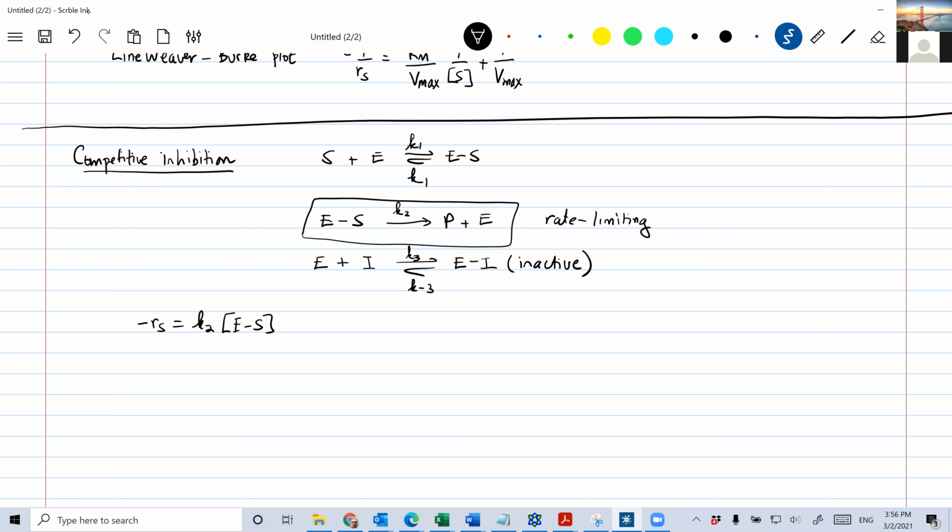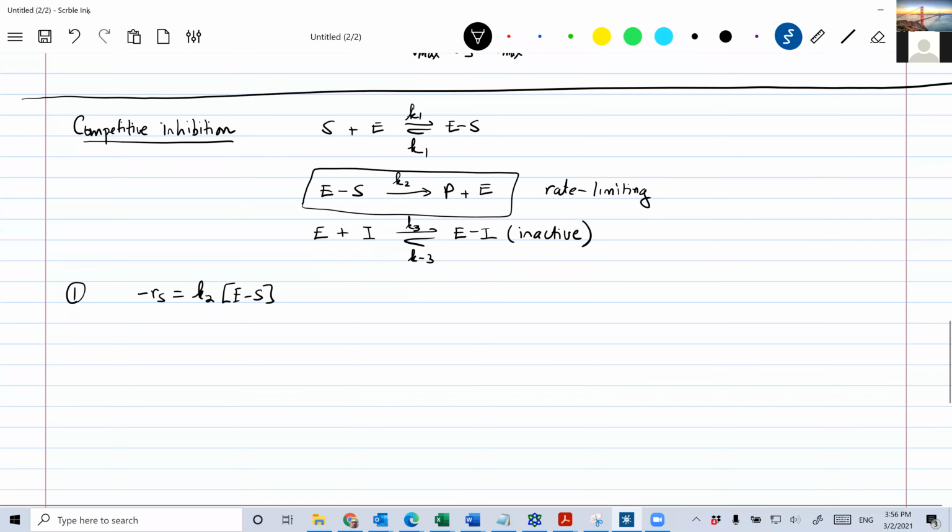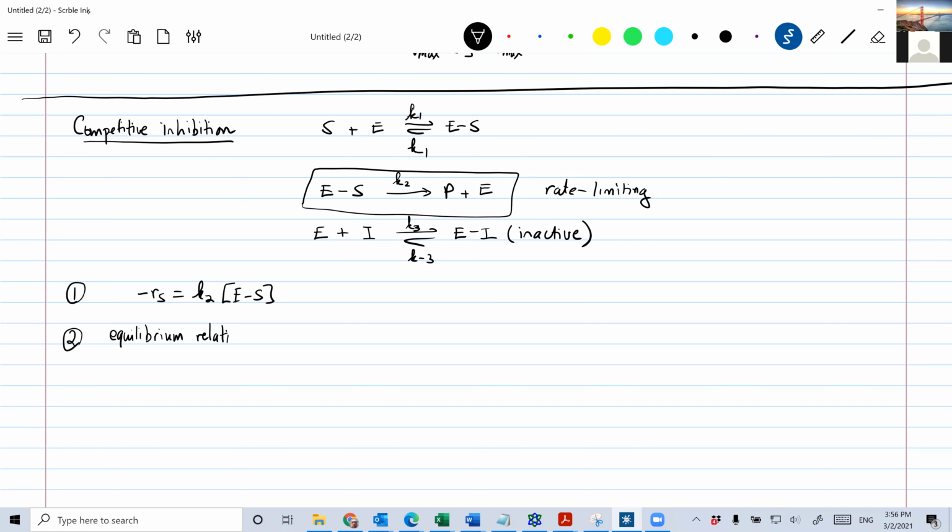So first, we express our rate in terms of the rate limiting step. Second, we're going to use equilibrium relationships to remove active centers.